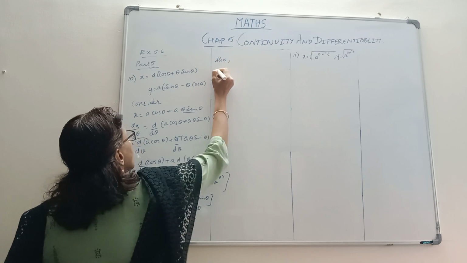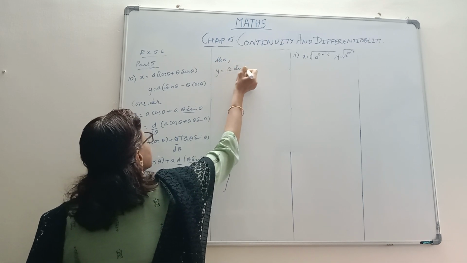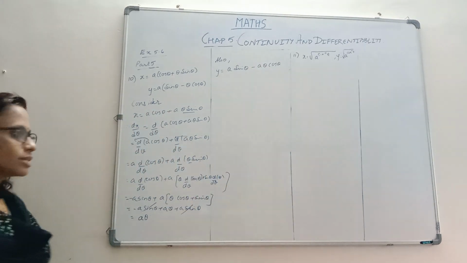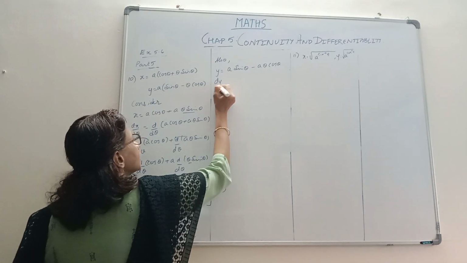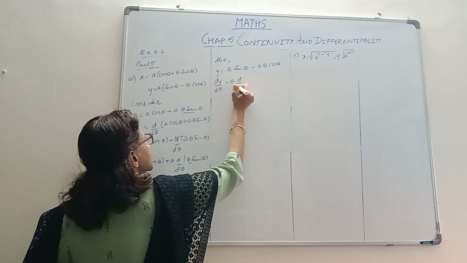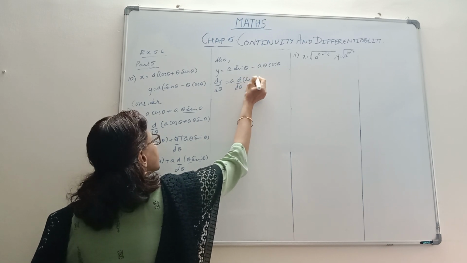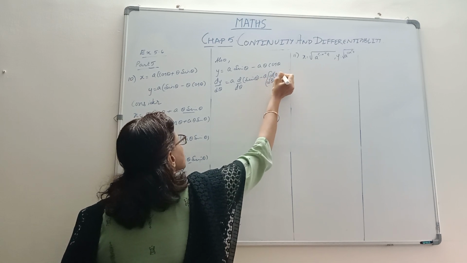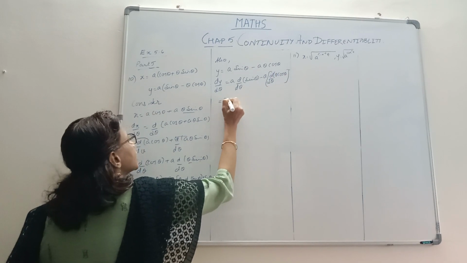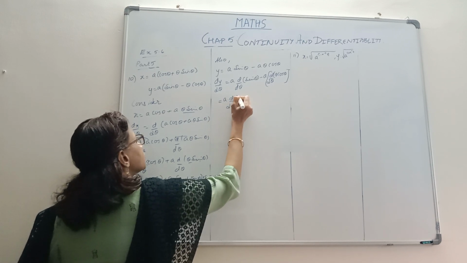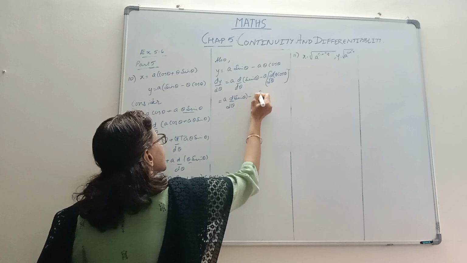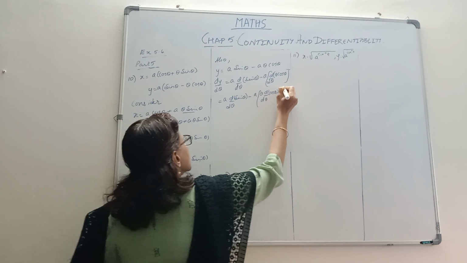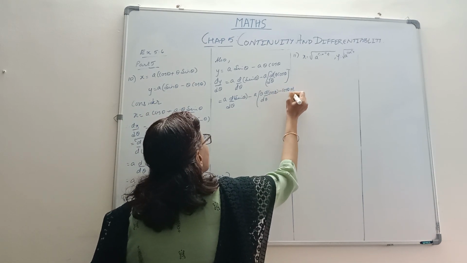Also, y is a sin theta minus a theta cos theta. Now because we are a bit experienced here, we can jump some steps and we'll get dy by d theta is a times d by d theta of sin theta, a times d by d theta of theta cos theta. So a into d by d theta of sin theta minus a into theta times derivative of cos theta minus cos theta into derivative of theta.